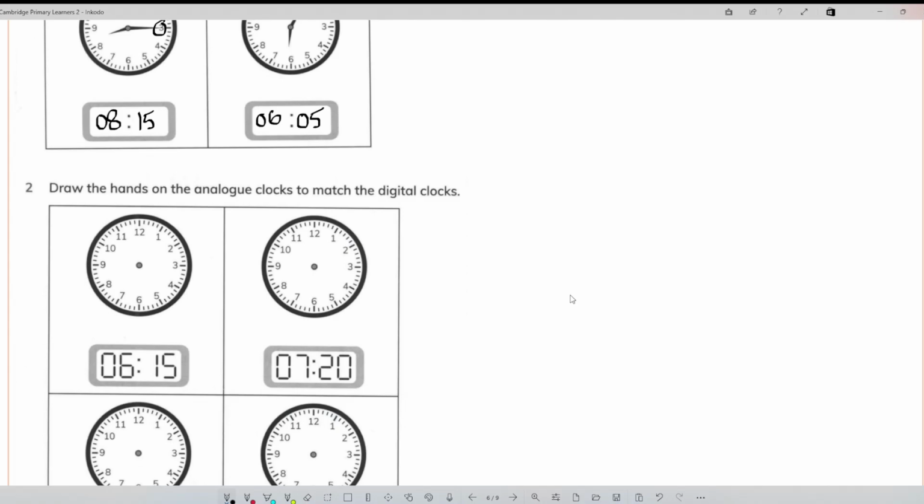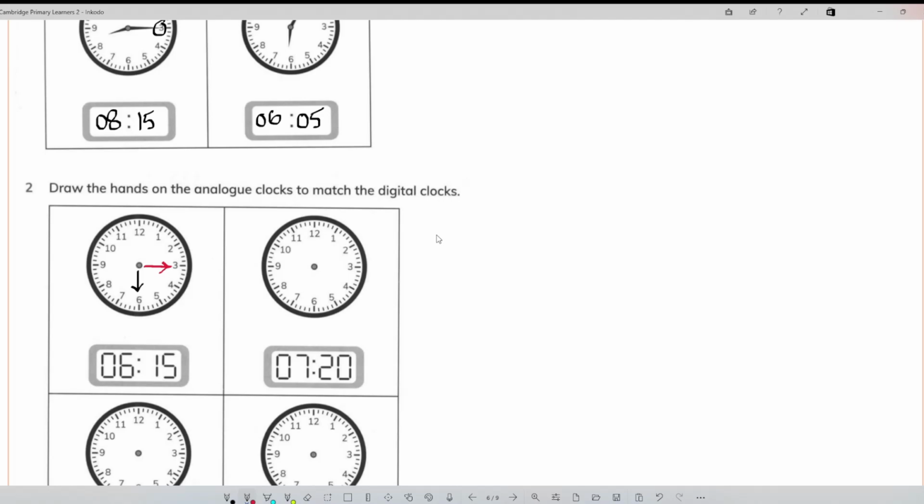Now draw the hands on the analog clocks to match the digital clocks. So here is 6:15, so the hour should be near 6, and the minute on 3. Why on 3?